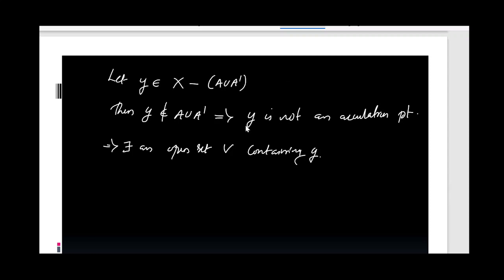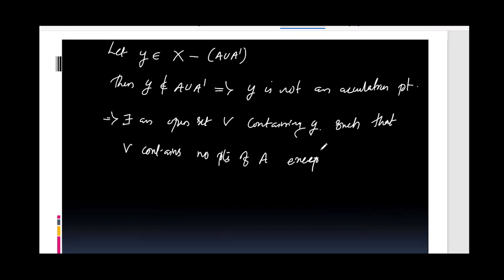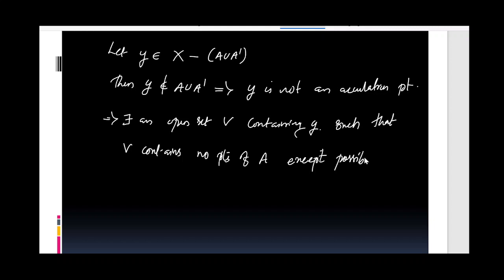But Y is not an accumulation point means there exists at least one open set V containing Y such that V contains no points of A, except possibly Y alone. But Y does not belong to A.